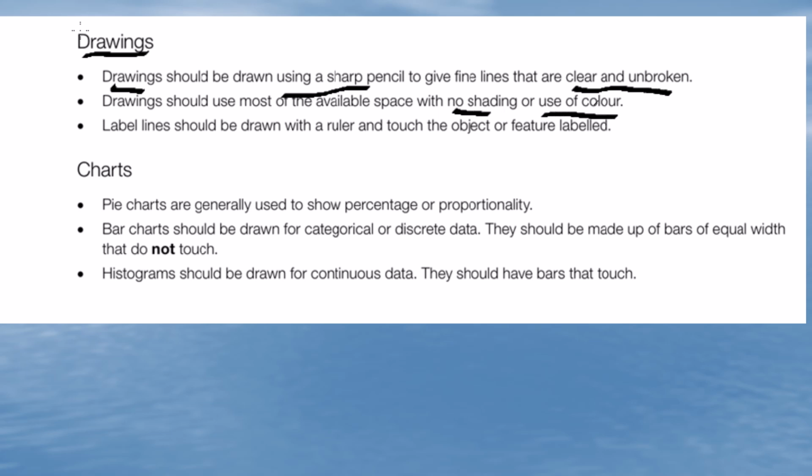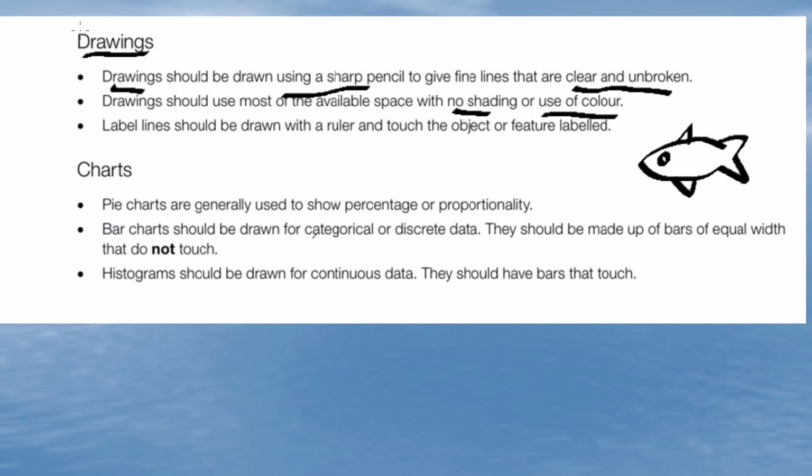This means actually, if you're a good drawer, this question becomes harder because you want to shade, you want to show all the gills, you want to show the structure. You shouldn't do that. You should make the drawing as boring as you possibly can, only using an outline and nothing else.